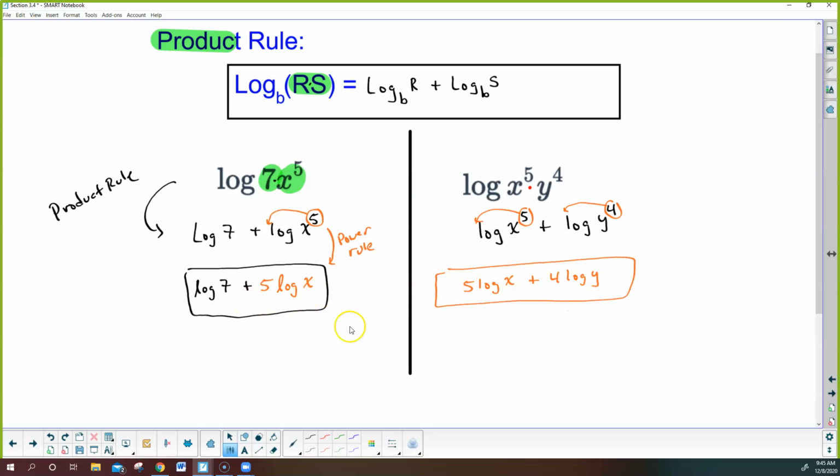So we didn't officially call it this yet, but these final answers are written in expanded form.